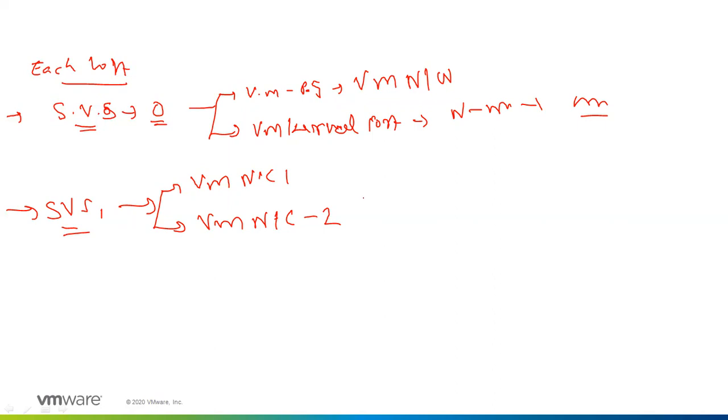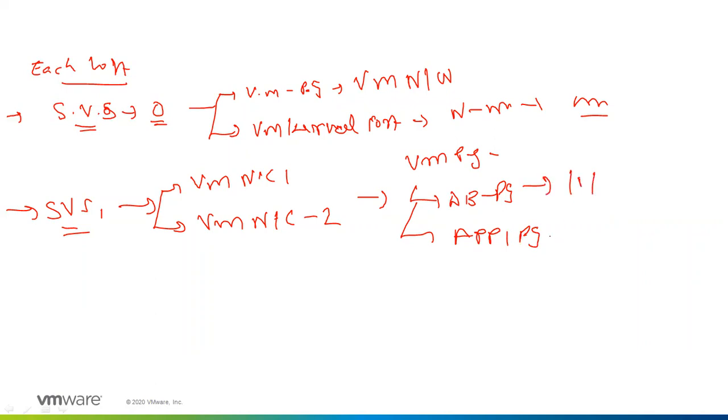Then we will create some virtual machine port groups. I will create one DBPG and one app 1 port group. I will assign VLAN 101, VLAN 102. And I will create one VMkernel port.